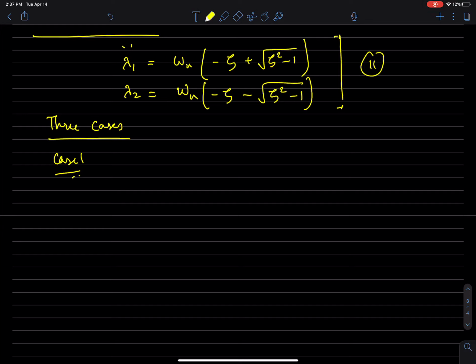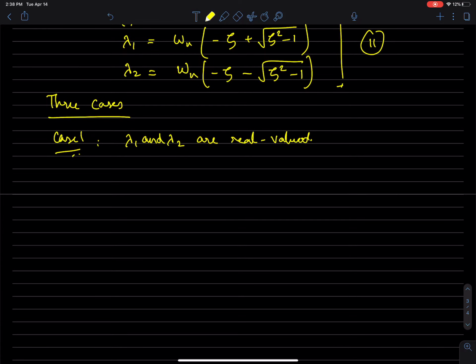So let's call that case 1. Well, case 1, let's actually consider the case when lambda 1 and lambda 2 are both real. Let me just pull this down a little bit.